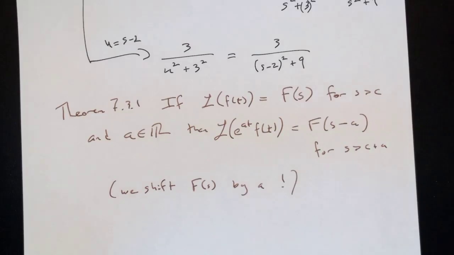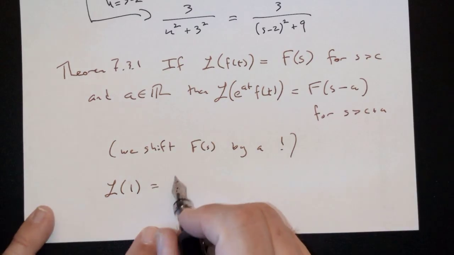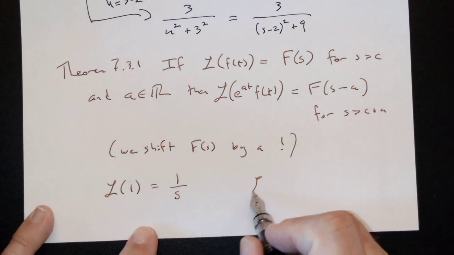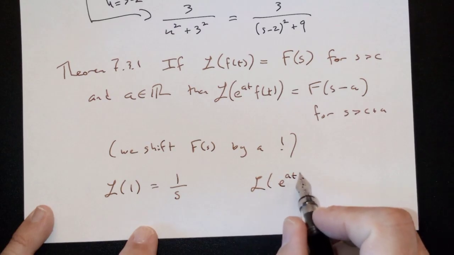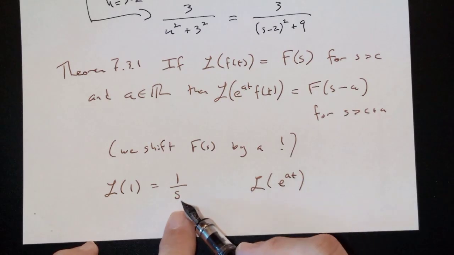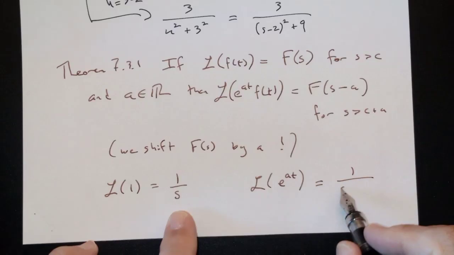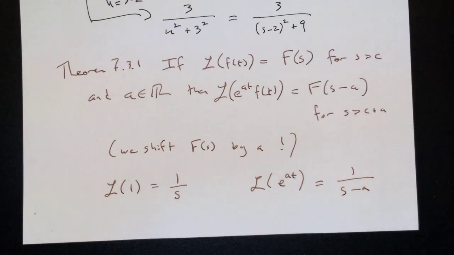What's the Laplace transform of 1? So the Laplace transform of e to the at is the same as the Laplace transform of e to the at times 1, which is going to take this and replace this s with s minus a. And as a matter of fact, that's formula number 2 on the sheet.